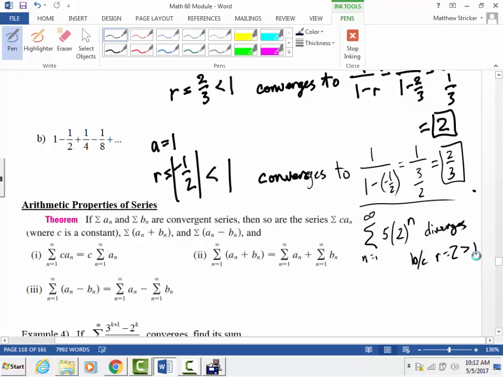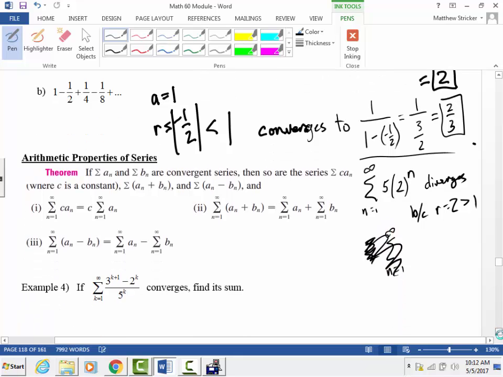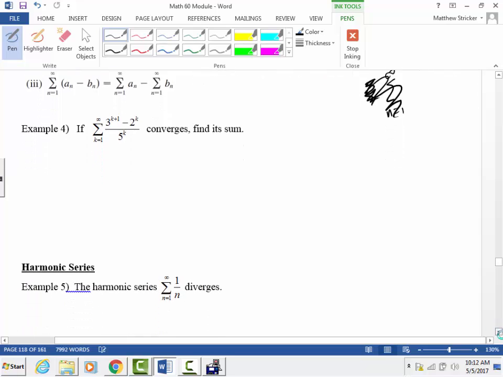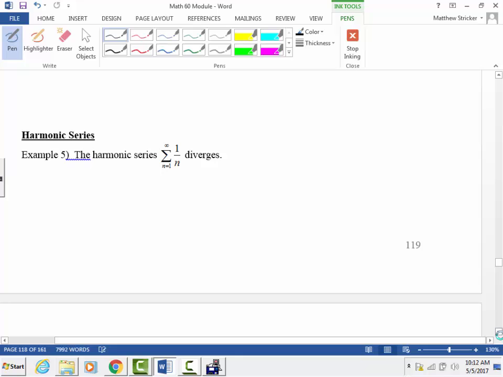Another special case. What if I have the sum of n equals 1 to infinity of 1 over n? This is the harmonic series.